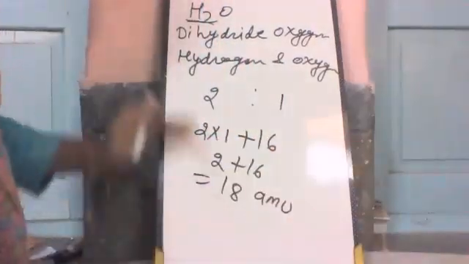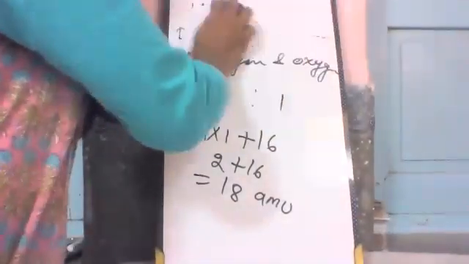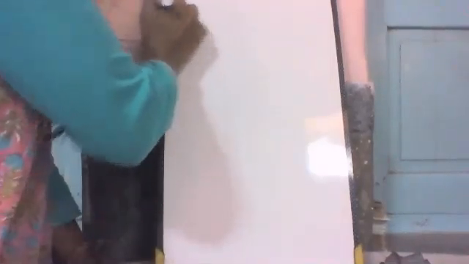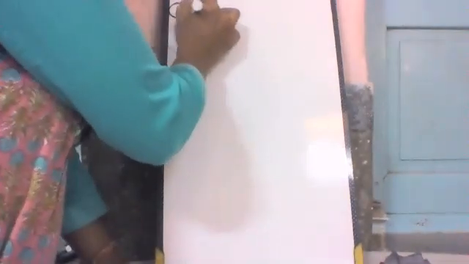Writing the chemical formula. How can we write the chemical formula? There are some rules we have to follow to write a chemical formula. First, write the positive radical first.